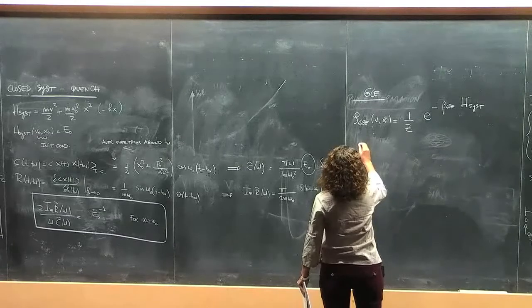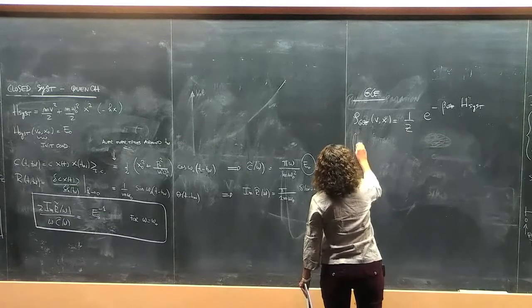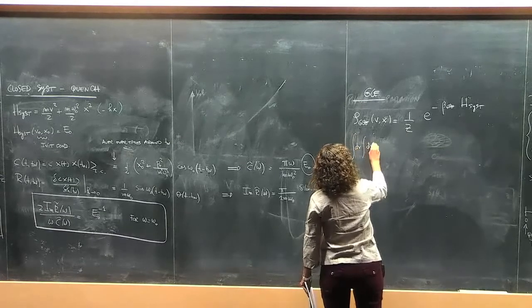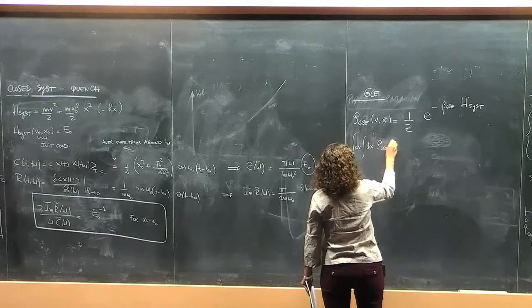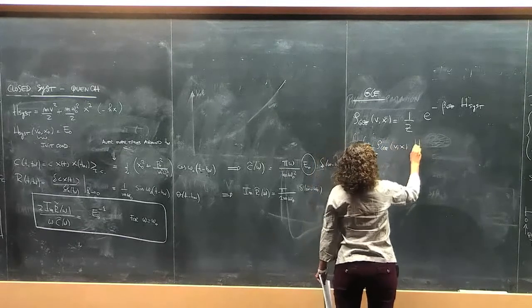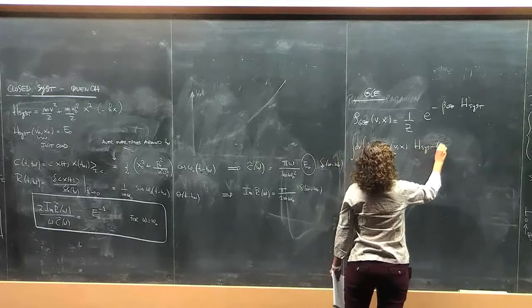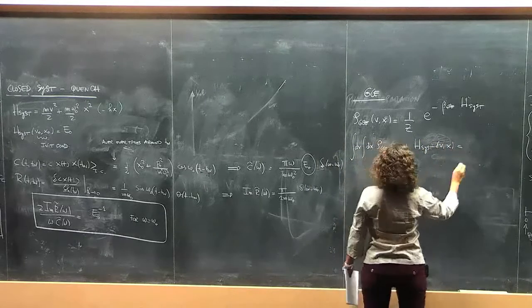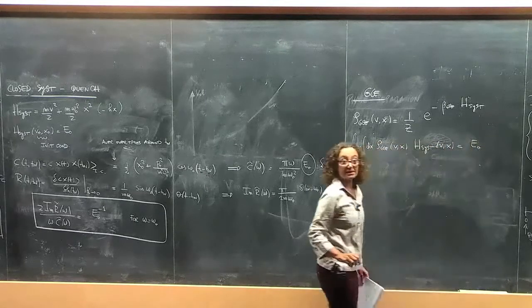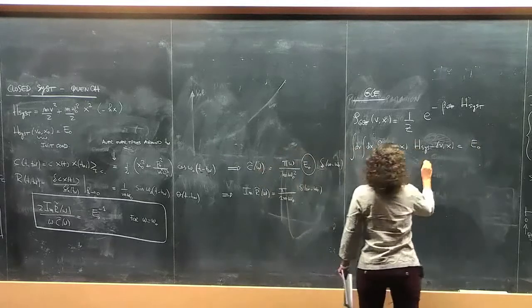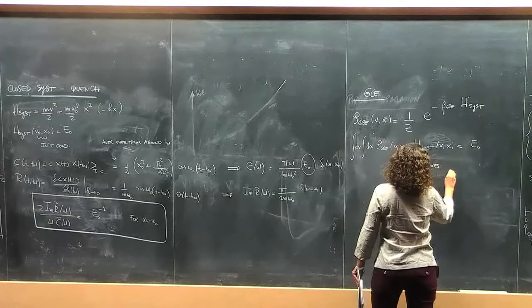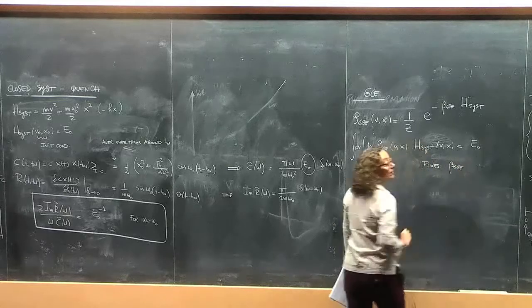Okay, so I will write it like this. I will use the integral dV dx rho GGE times H system of V and x should be equal to E naught. This is the condition that fixes beta GGE.